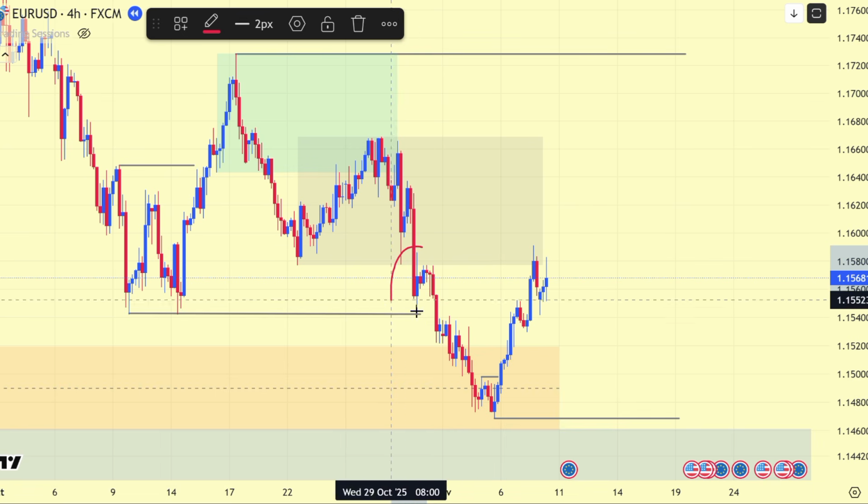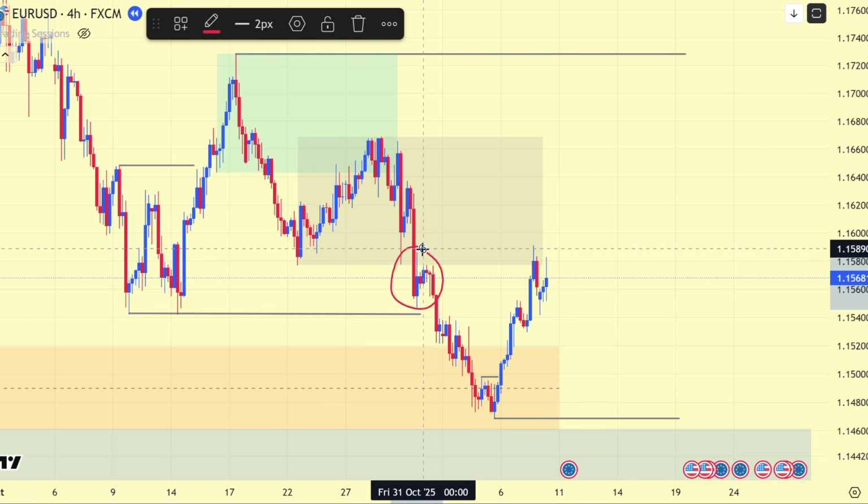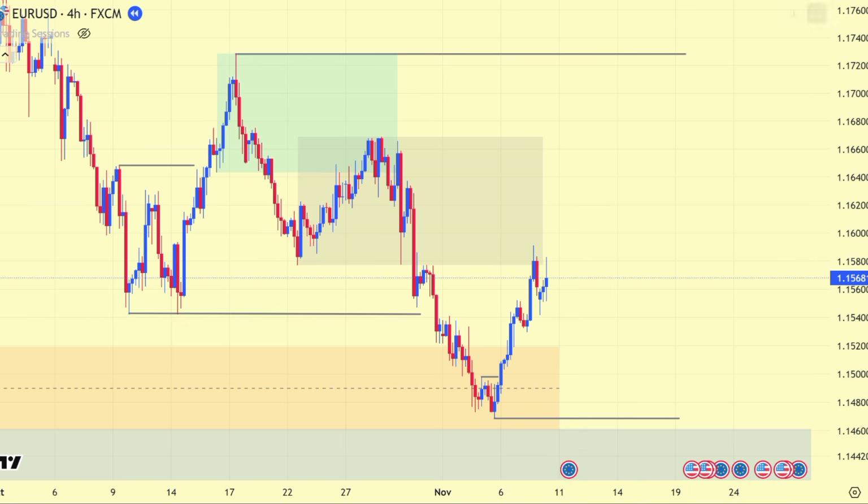Probably you may see something like this and you think that this order flow is mitigated. We say that a mitigated order flow is by a valid pullback, and you can clearly see that this is not a valid pullback. So this means that our valid order flow is sound and clean.